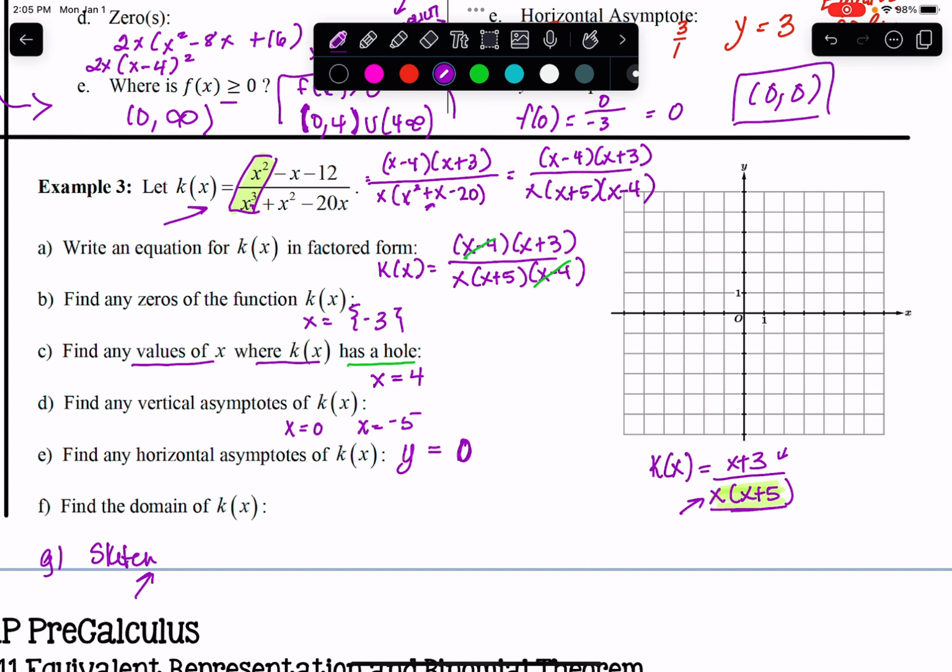The first thing I know is that I have a vertical asymptote, and I'm going to use green to do this, at x equals 0 and at x equals -5. So I'm going to put this here. I also have a 0 at -3, so I have a 0 right here. I also have a horizontal asymptote at y equals 0.